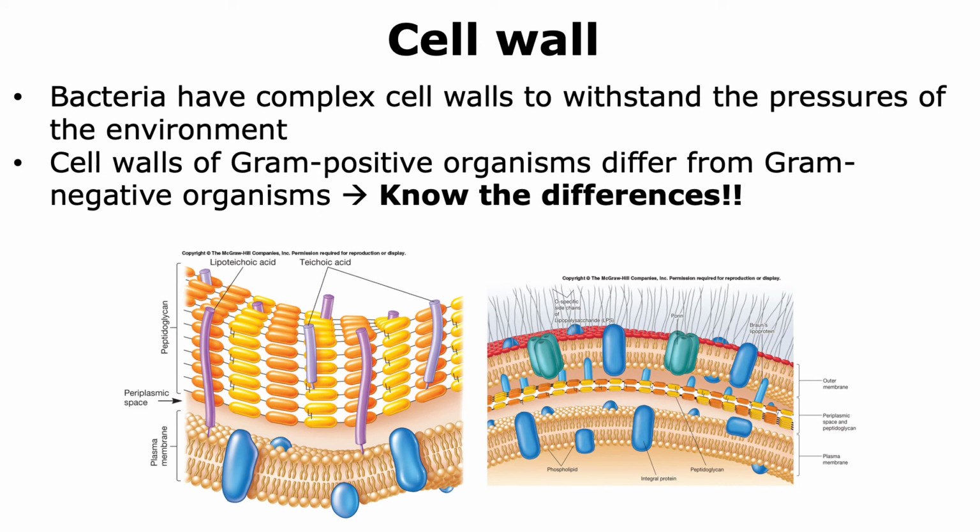Here is an example of the cell wall of a gram-negative organism that's shown to the right. And when we compare the two figures side by side, they do look quite different. So please do know the differences between the gram-positive organism and the gram-negative organism cell wall.